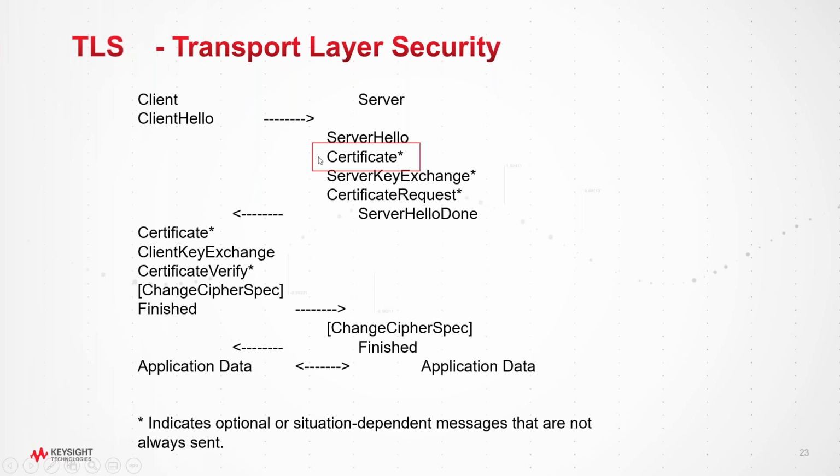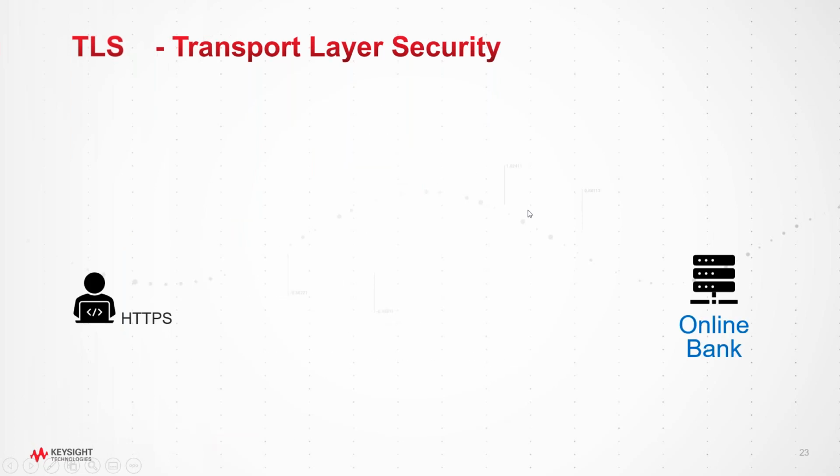You can see that there is a certificate from the server being sent to the client, and there's a certificate from the client being sent to the server. But these asterisks here mean that this is optional. So TLS does not mandate mutual authentication, but it does form the basis for mutual authentication, right? And it's the basis for many protocols.